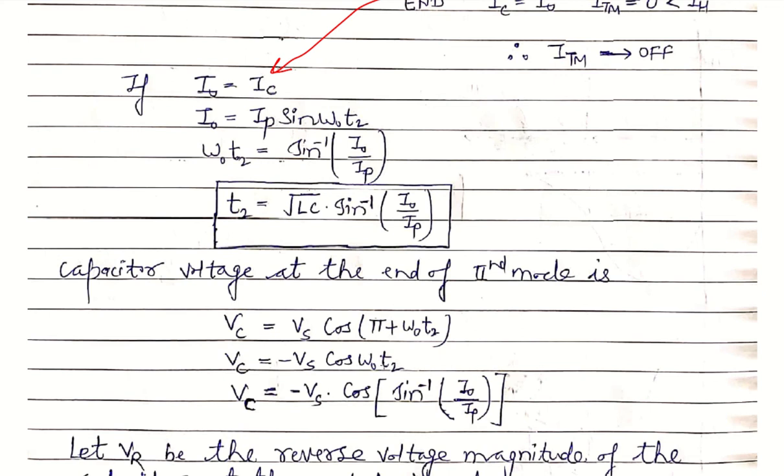And if we put omega naught T2 from here, we will see that it is sine inverse of I naught divided by IP. So this is the capacitor voltage at the end of the second mode, and it is negative.